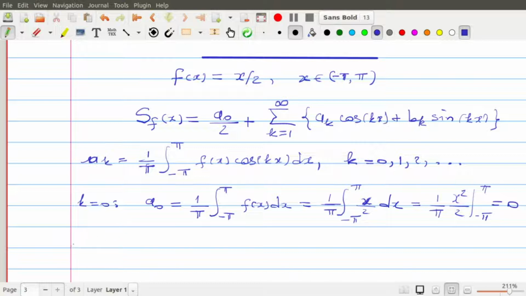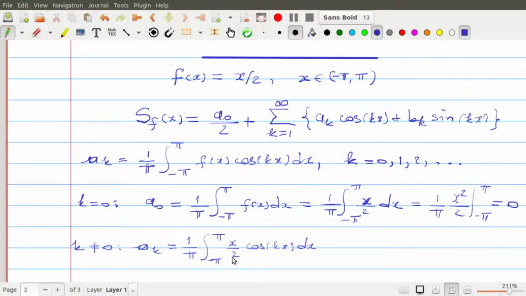Now, when k is non-zero, our ak is equal to 1 by pi into the integral from negative pi to pi f of x, okay, I can substitute that directly, x by 2 cosine kx dx.